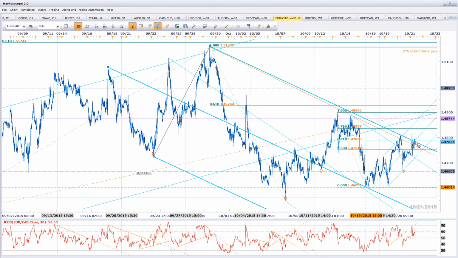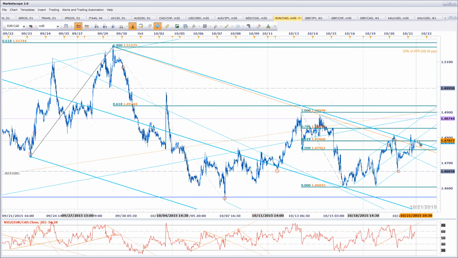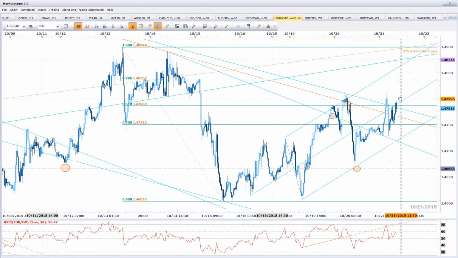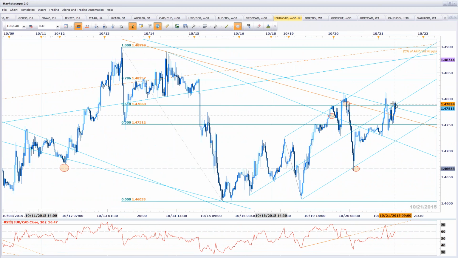We were looking for that to hold, right? So here we are with now a confluence region of the upward sloping median line off of last week's low and that upper median line parallel here now.